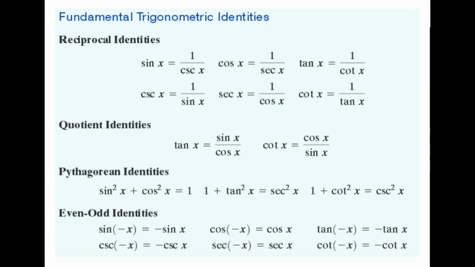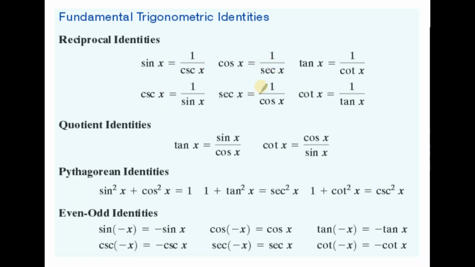Alright, so we have our reciprocal identities as a good starting point here, and the reciprocal identities are really just to flip our values of sine and cosine and tangent, and if we do that, we'll obtain the cosecant, the secant, and the cotangent. So sine is the reciprocal of cosecant, cosecant is the reciprocal of sine.